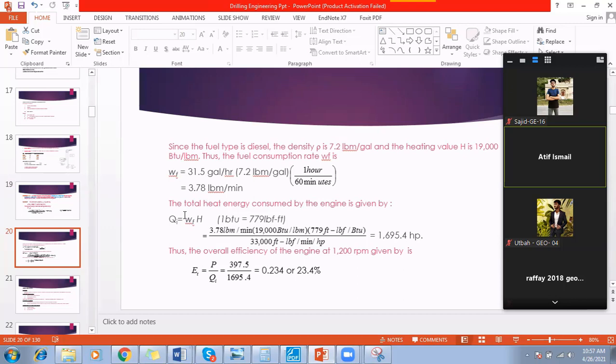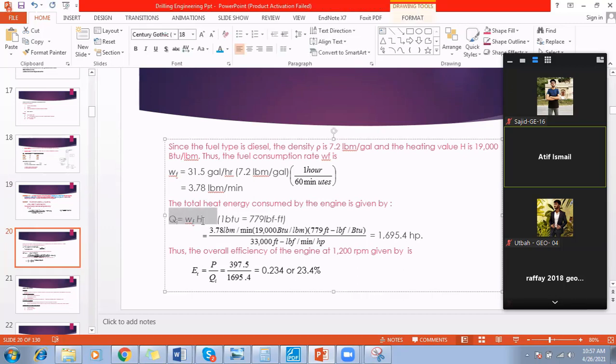So what is the equation of input power? The equation of the input power is Qi equals Wf into H. This is the equation that can be used to calculate the input power.